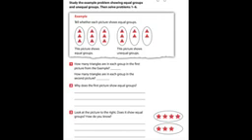Okay, so let's take a look at the example. It says, tell whether each picture shows equal groups. We're looking at that first set of 3 ovals, and we have so many triangles inside each oval. It says this picture shows equal groups because there are 3 triangles in each oval.